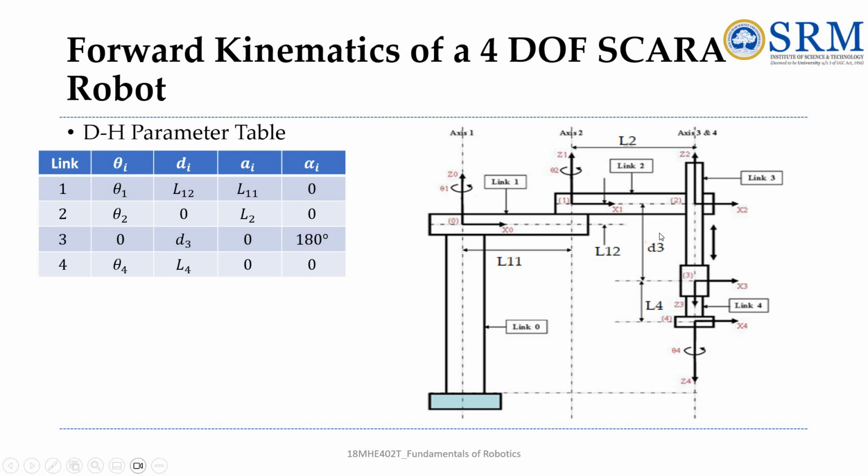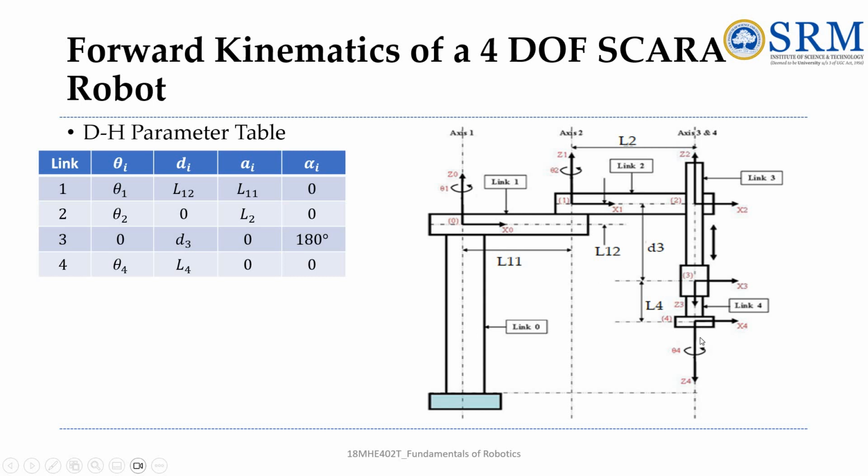Okay, so for the prismatic we obviously have the sliding movement, so we don't have any angle, theta is not there, so it is 0, and the prismatic movement, this is represented as D3. Okay, and the link length is not present, so it is 0, and the rotation about the x-axis along this link 3, you could see here 90 plus 90, that is 180. Okay, so we have 180 degrees.